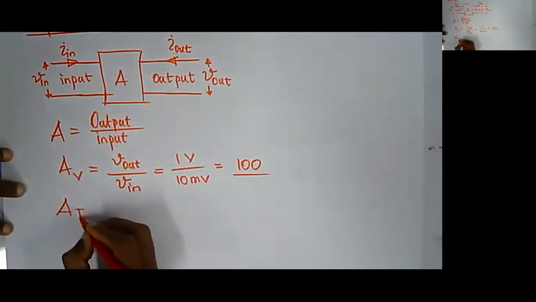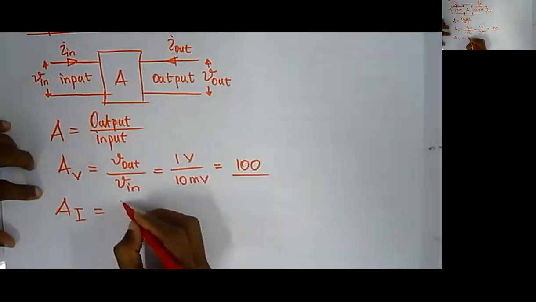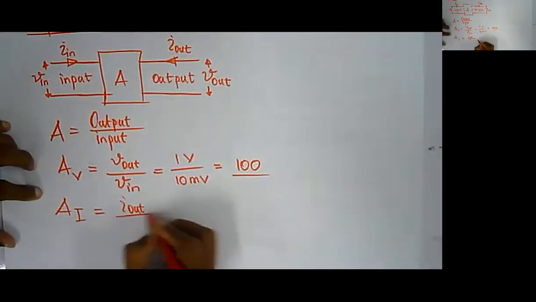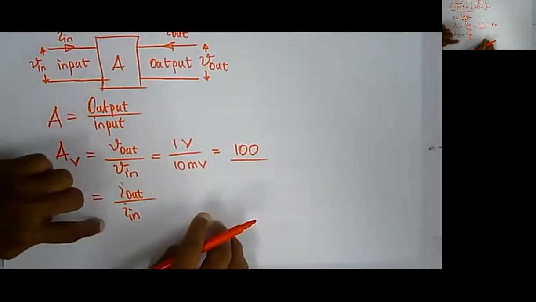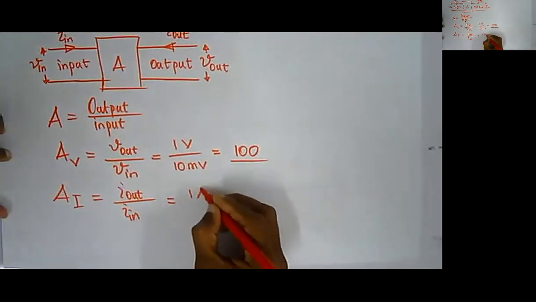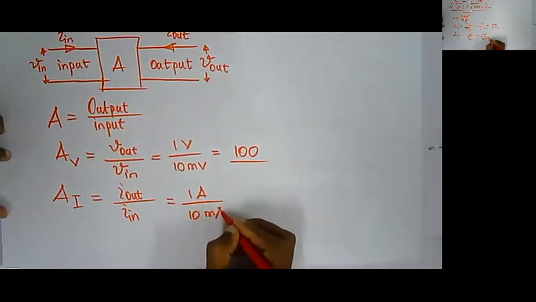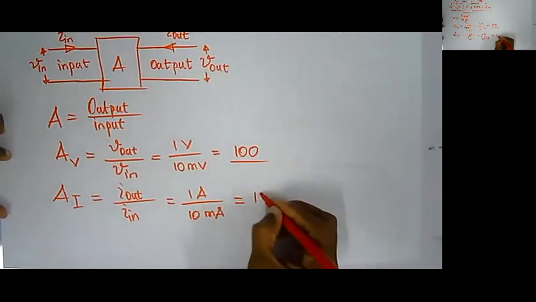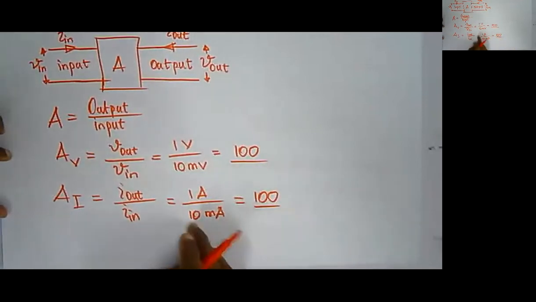Similarly, we can have a current gain, A_I. This could be your I out divided by I in, output current divided by input current. For example, if your output current is 1 ampere and input current is 10 milliamperes, then the current gain is 100 as well.